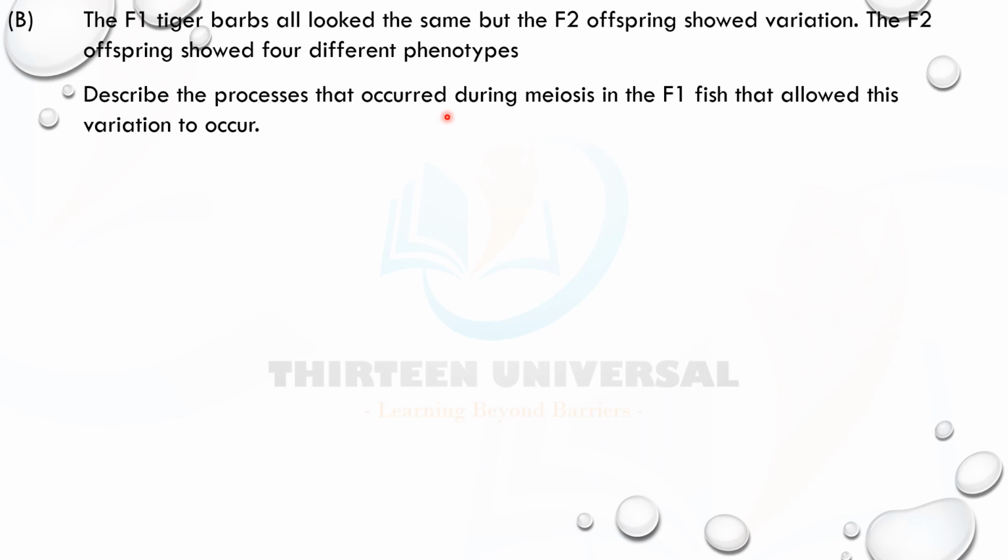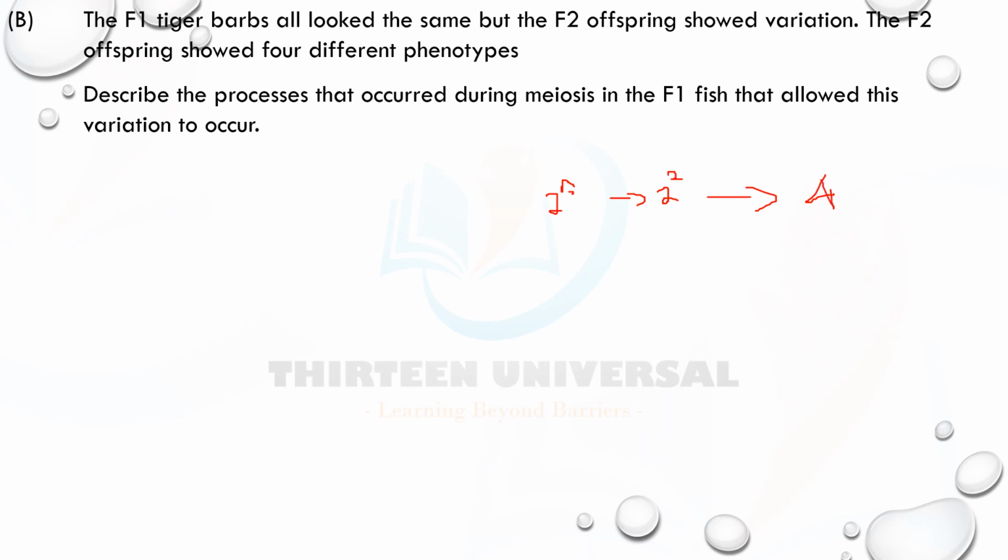That means we have different combinations of alleles in the gametes. The number of combinations is determined by 2 raised to the power n, where n is the number of chromosome pairs. Here we have 2 to the power 2, so 4 different combinations.